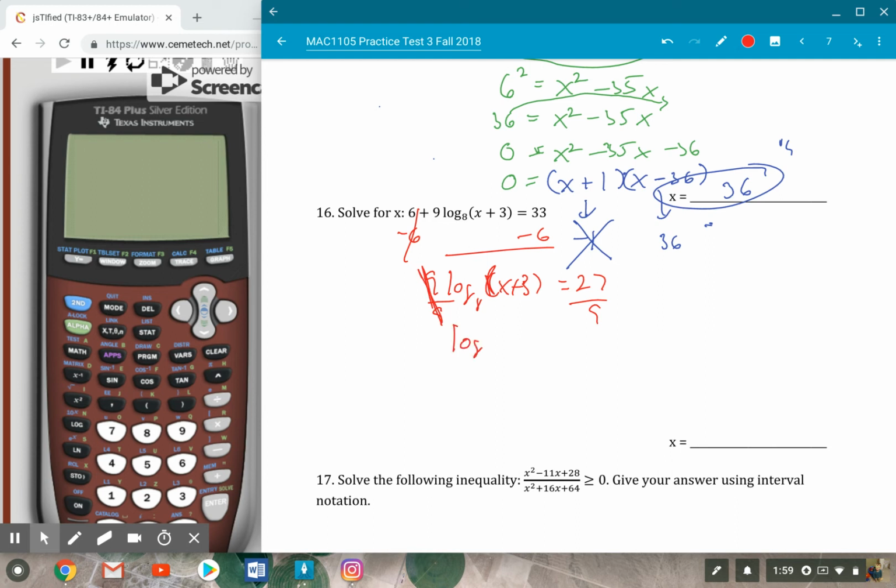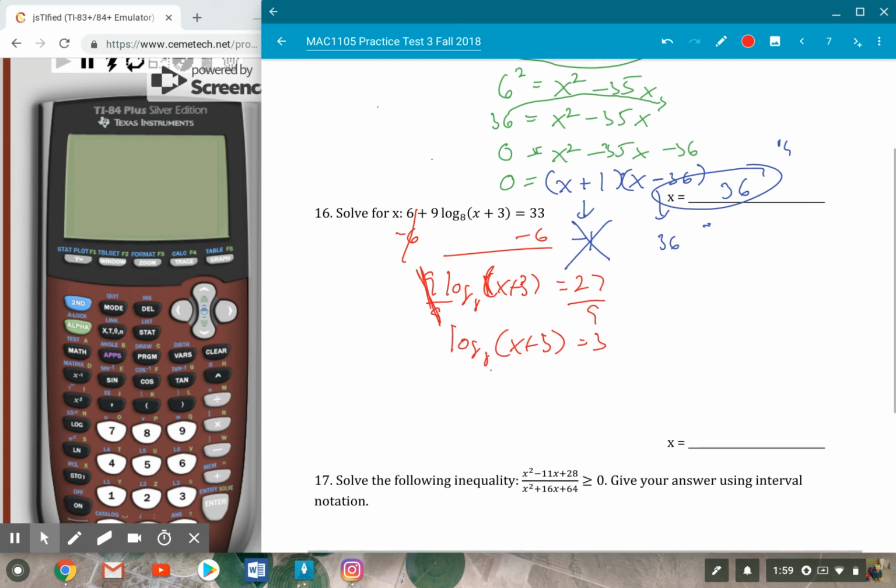So now it's log base 8 of x plus 3 equals 3. 27 divided by 9 is 3, which is nice. And now I can use that log loop around. So it's 8 to the third power equals x plus 3. So now I've got to calculate that 8 to the third power.